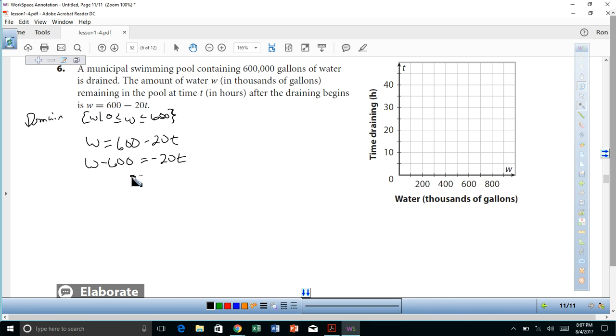Then we're going to divide both sides by negative 20, and we have W minus 600 over negative 20 equals t. Now we can't leave it down here, so we're going to put that up there, make that positive, and get rid of that. So to write it, t equals negative 1 over 20 W plus 30.